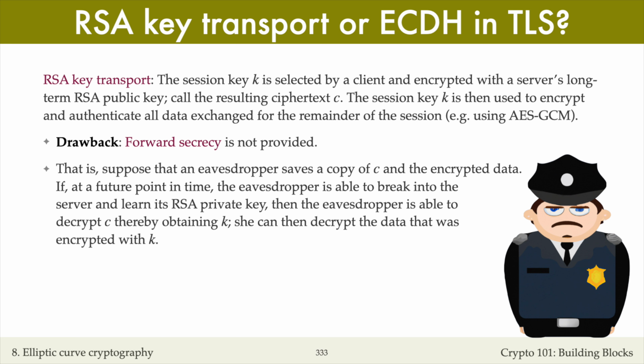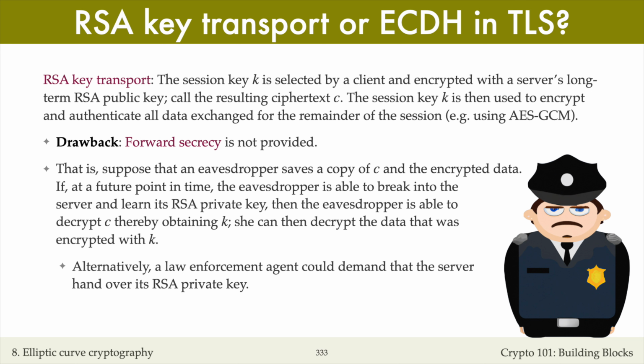If the eavesdropper is able to break into Bob's machine and learn his RSA private key, then the eavesdropper is able to decrypt C and thus recover K, and subsequently the data that was encrypted with K. Another option, instead of breaking into Bob's machine, is for law enforcement to demand that Bob hand over his RSA private key.